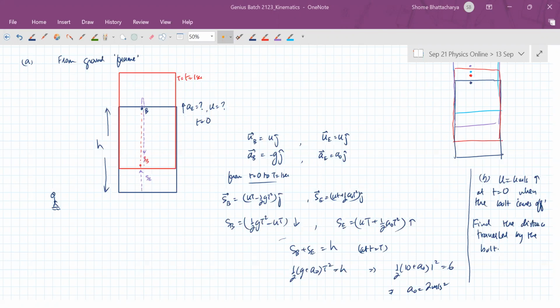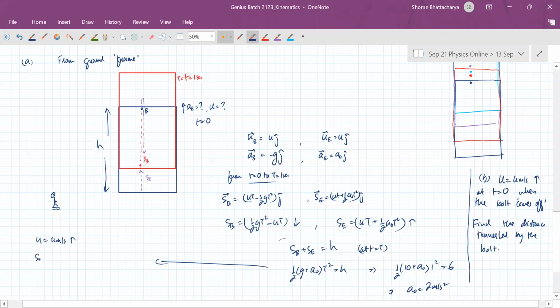So before we solve the B part, another interesting thing here is you can see that from this data, you'll also be able to understand that, taking u to be 4 meters per second upwards, the displacement of the bolt in the ground frame will become half into 10 into 1 minus 4 into 1.